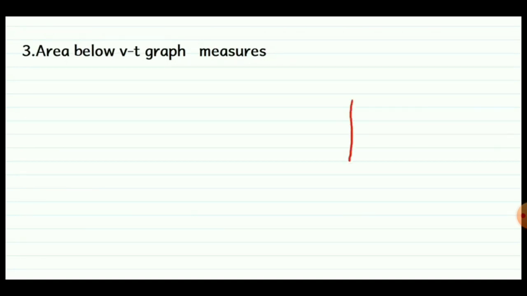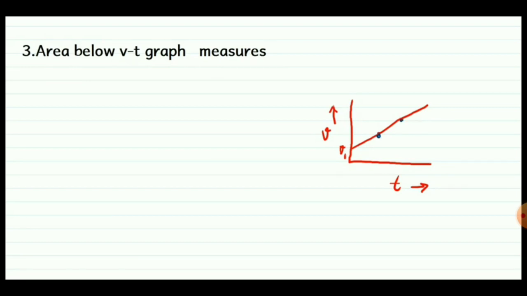So let us now draw a velocity time graph. The horizontal axis is time and the vertical axis is velocity. Now let us draw a straight or slant line. Its initial velocity, let us suppose v1, means the object is moving initially. So we have drawn this line.